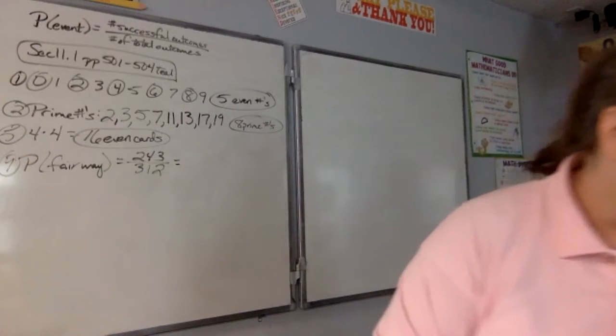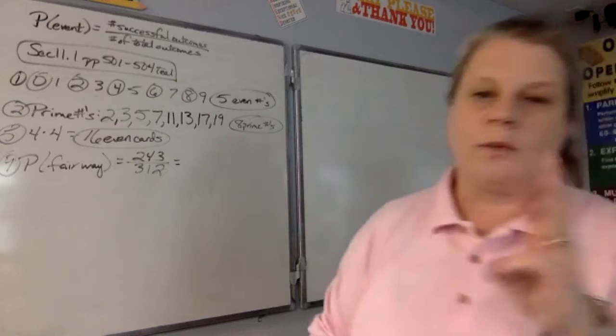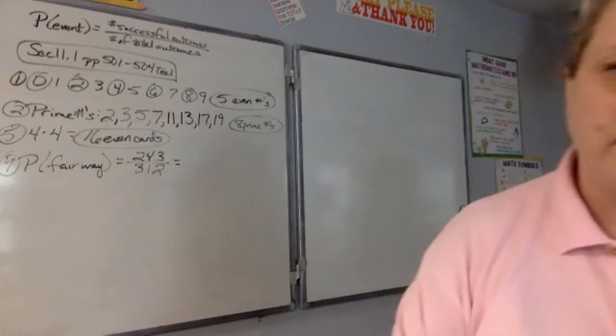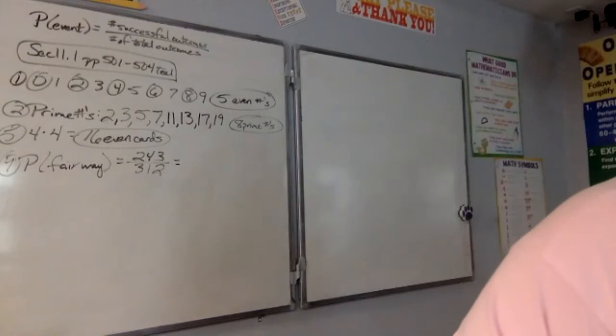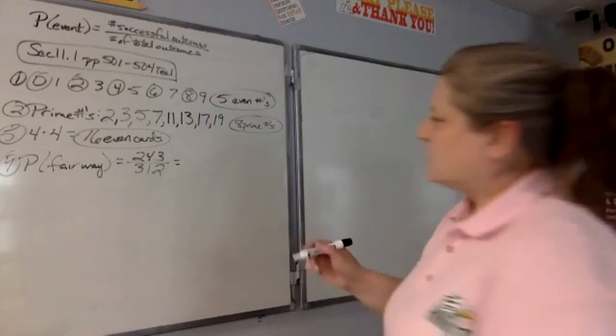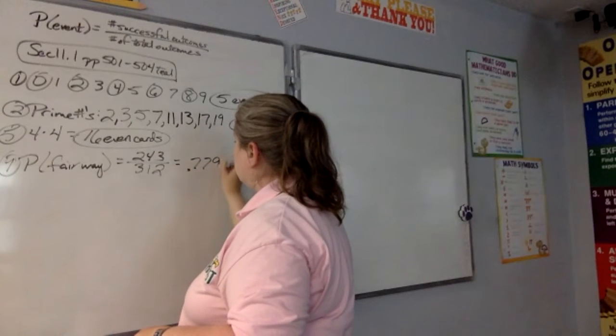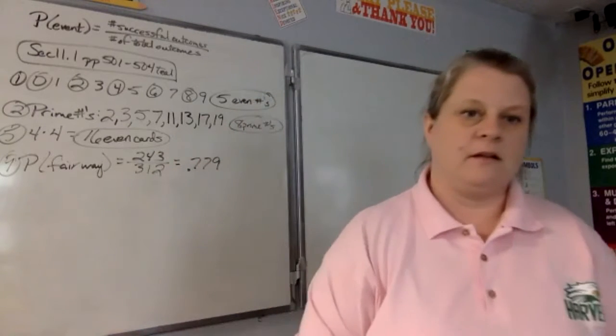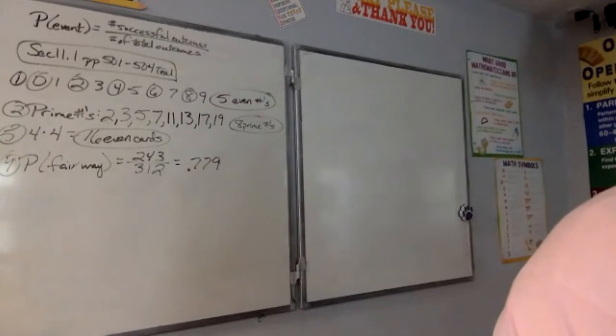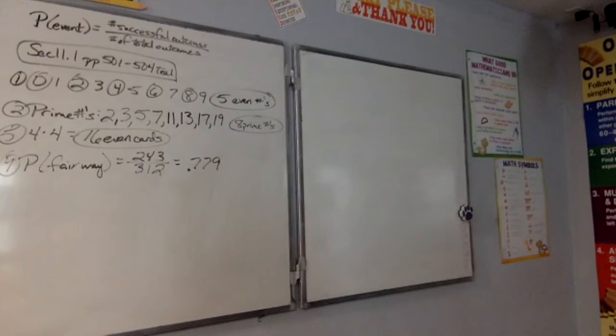We are going to round these to 3 decimal places. That's what it says in the directions. So you've got 0.77884, so it's going to be 0.779. That's pretty good.